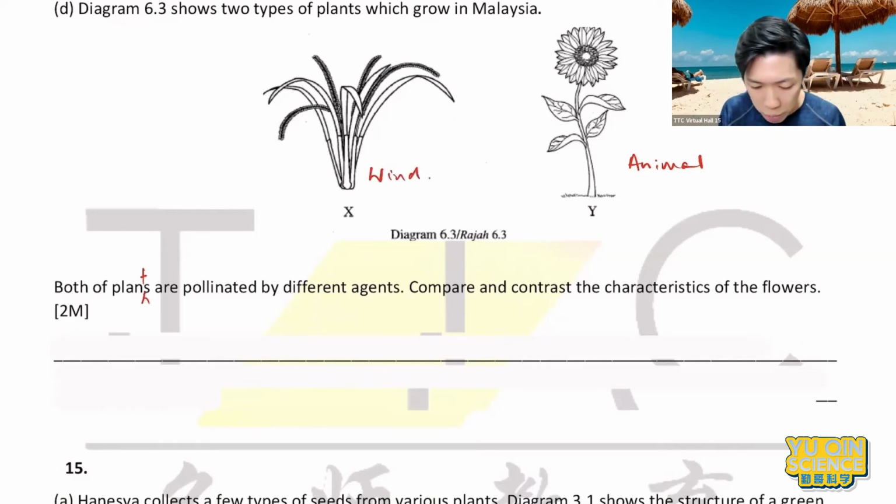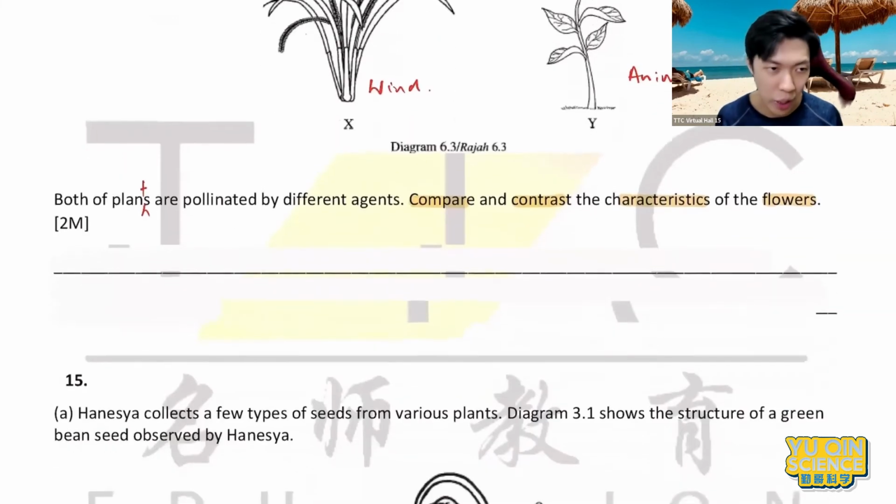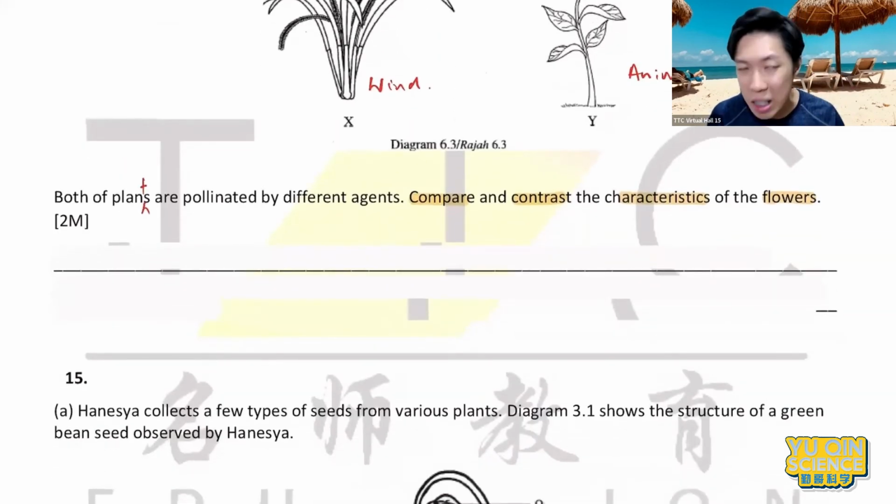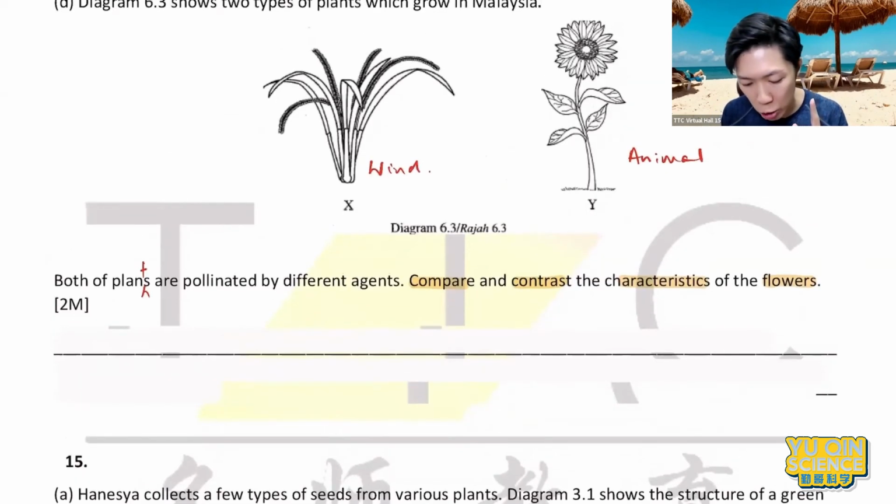Okay, compare and contrast the characteristics of flower. Oh okay, 1 similarity and 1 difference. What's the similarity? No matter whether wind blows or insects carry the pollen, there is 1 similarity.